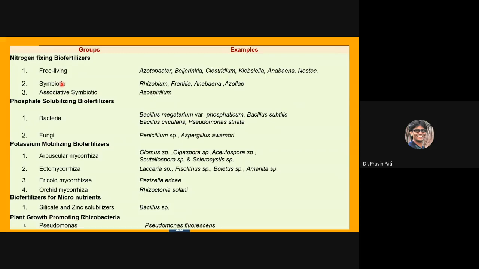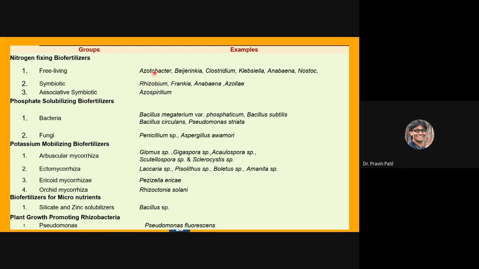The bacteria produce something beneficial to the plant, and the plant produces something beneficial to the bacteria. And the associative symbiotic is another type where they just have a mutual understanding to grow in the same surroundings. However, there is no specific requirement or demand.